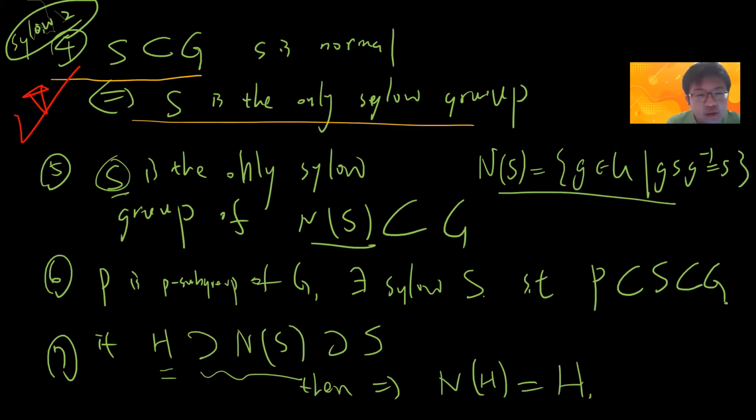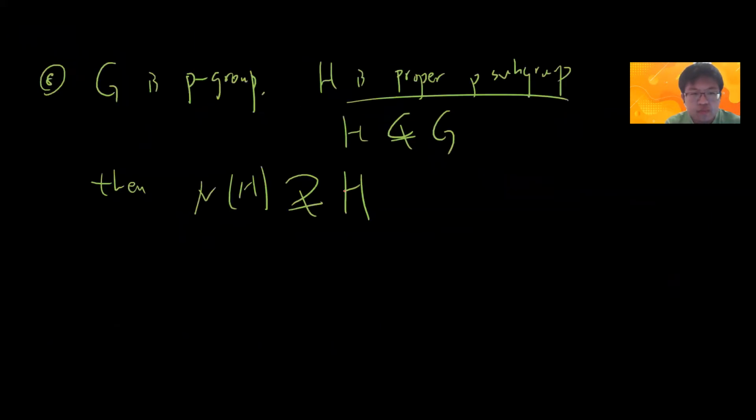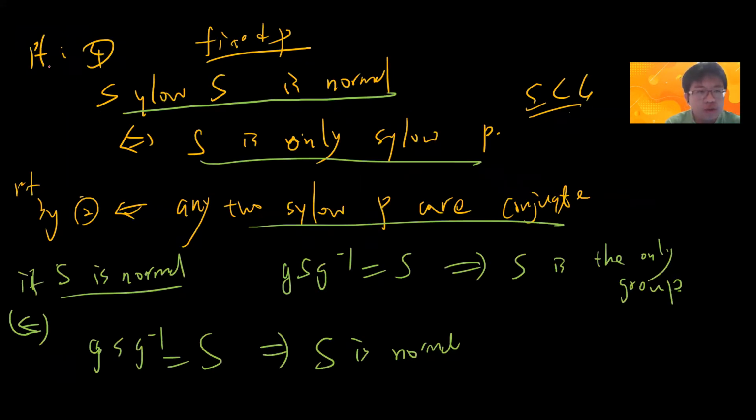So number 5: see that S is the only Sylow group of the normalizer of S, which is a subgroup of G. Oh, by the way, S is normal in it. Okay, number 5 is also trivial, because we want to show that S is the only normal subgroup of N of S, or S is the only Sylow group.